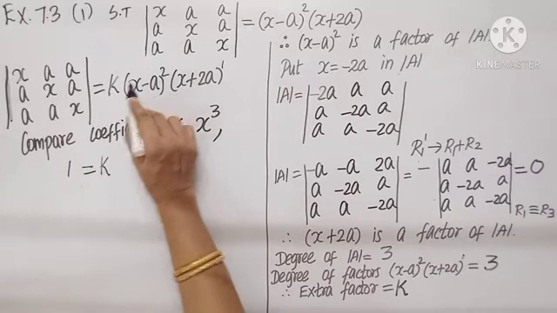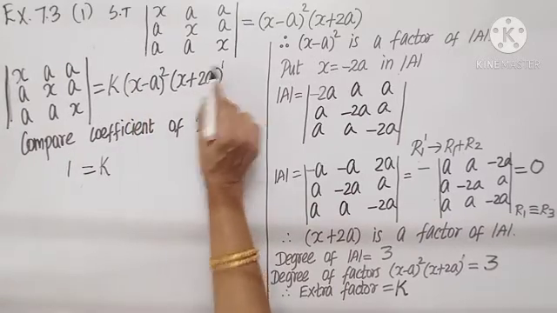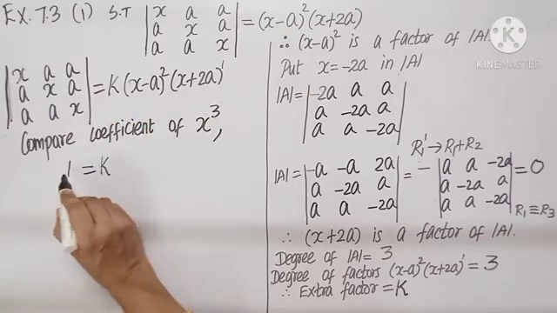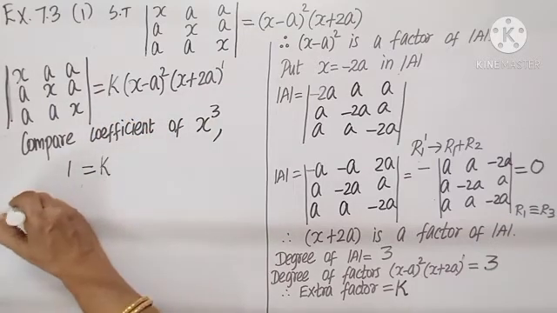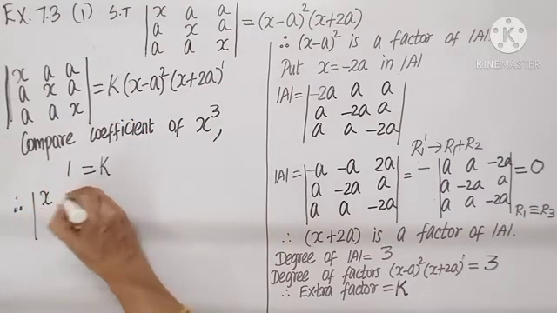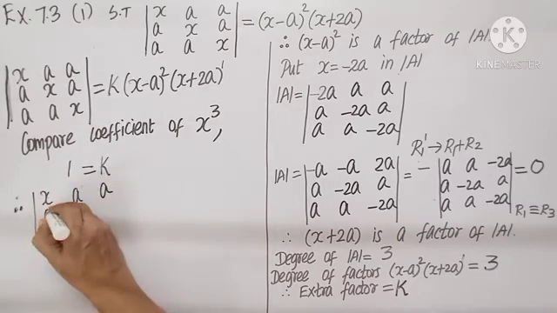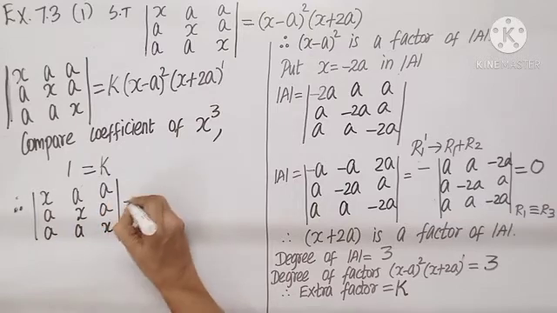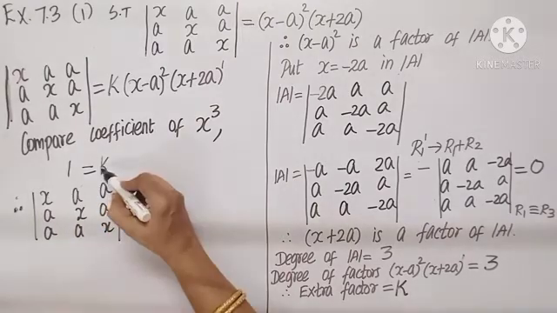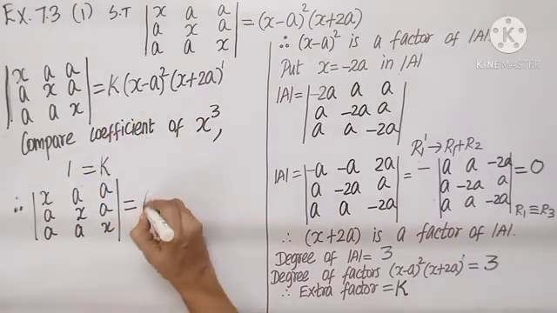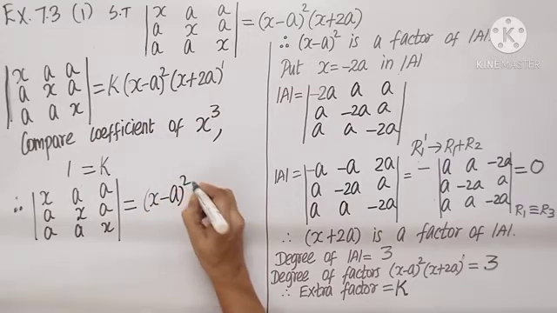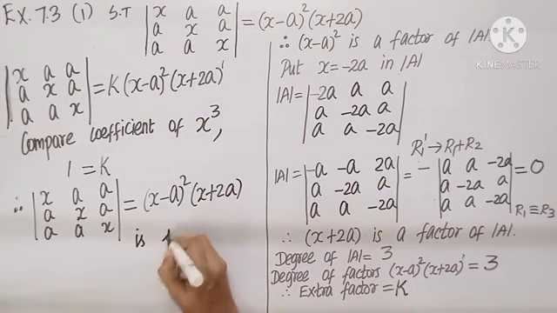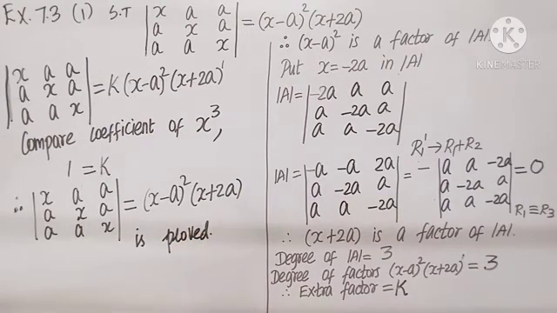So together x square into x power 1, x cube I get into k. So 1 equals k. The determinant equals k value 1, so I can write x minus a the whole square into x plus 2a is proved.